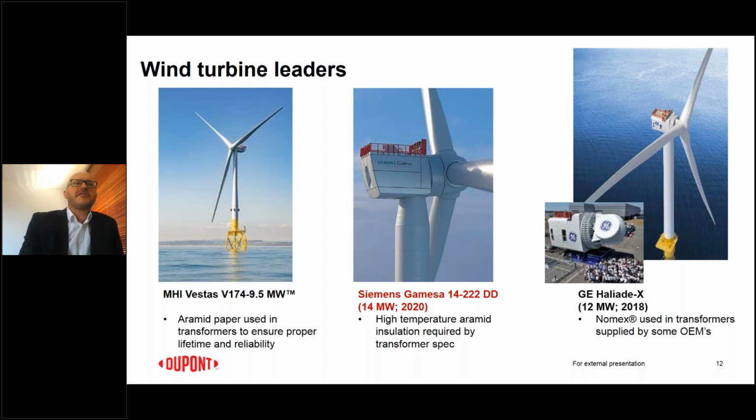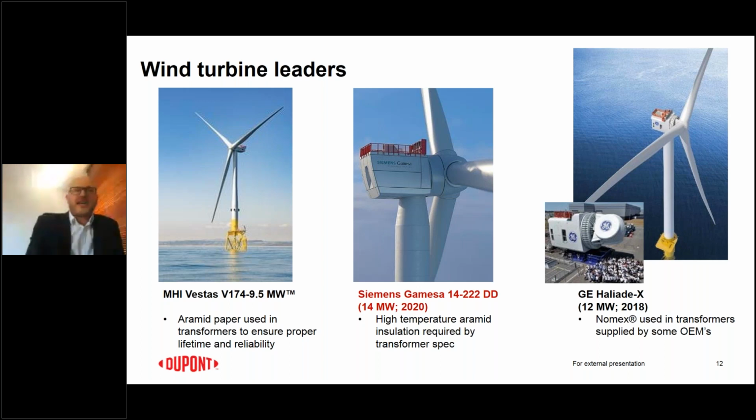And what was mentioned, the technology for compact transformers, the technology based on aramid insulation materials, became mature, became kind of a standard and benchmark for wind turbine step-up transformers. And this is the case also for all these leaders shown here on the slide. The high temperature transformers are in the specification of Siemens Gamesa.